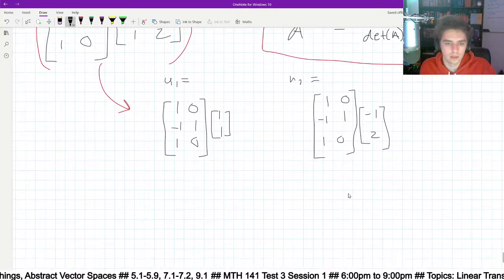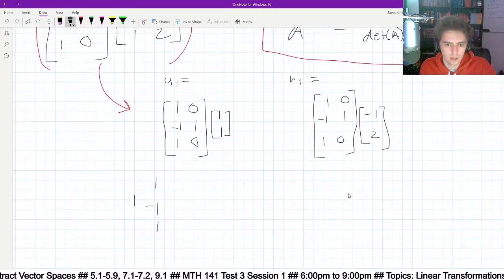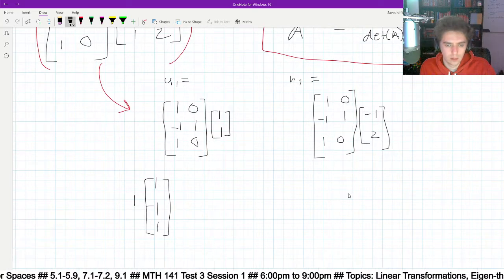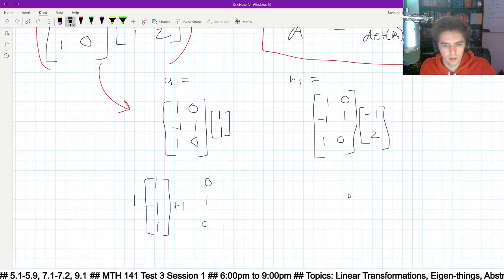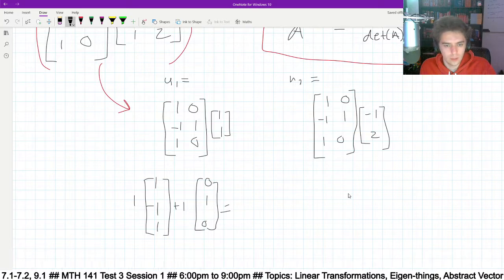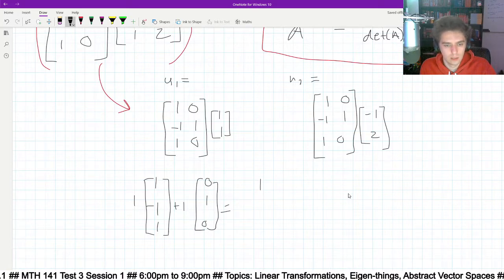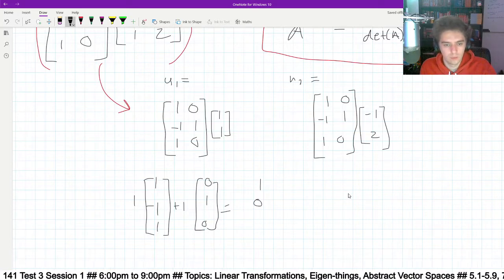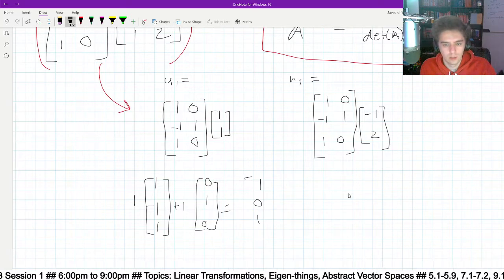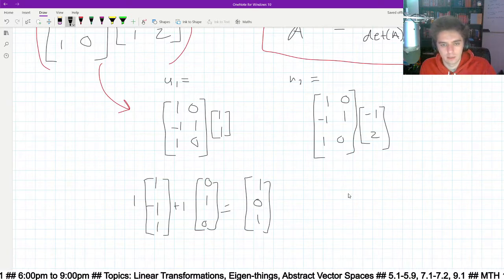And this will get you the answer. So this is 1 times that plus 1 times that, which is 1 plus 0, negative 1 plus 1, 1 plus 0. Okay. So that's the first column of my answer.